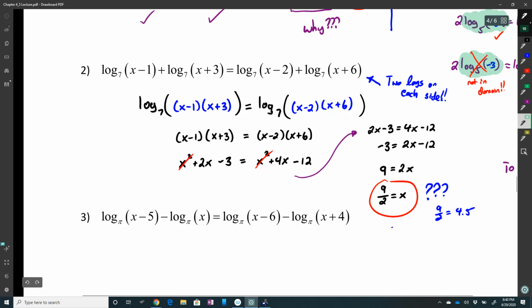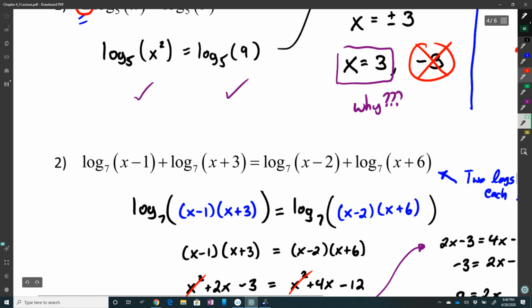All right. So my 4.5 answer, if I put a 4.5 right here, is 4.5 minus 1 positive? Yes, it is. Is 4.5 plus 3 positive? Yes, it is.